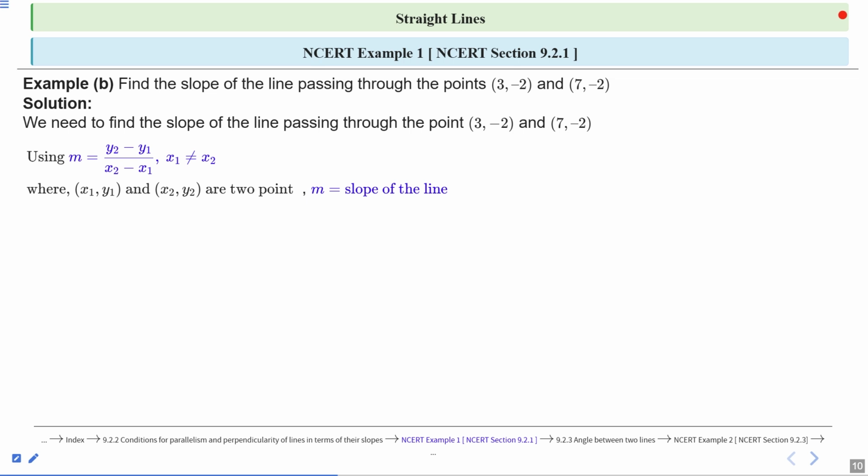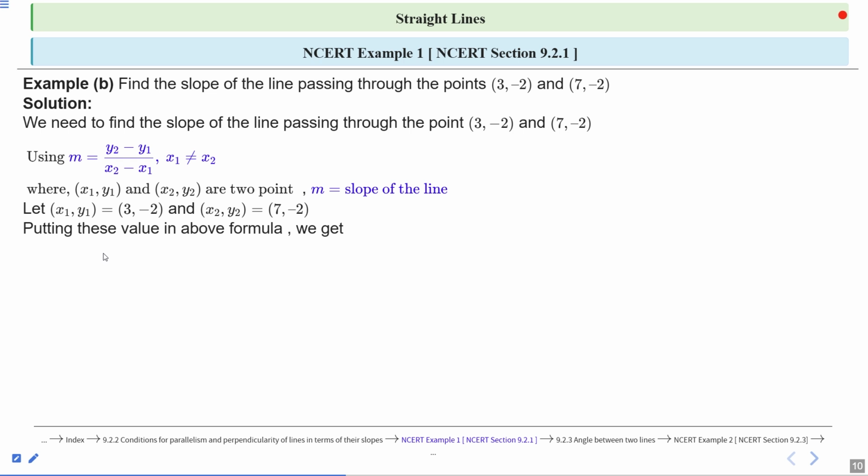Let (x1, y1) be (3, -2), and (x2, y2) be (7, -2).